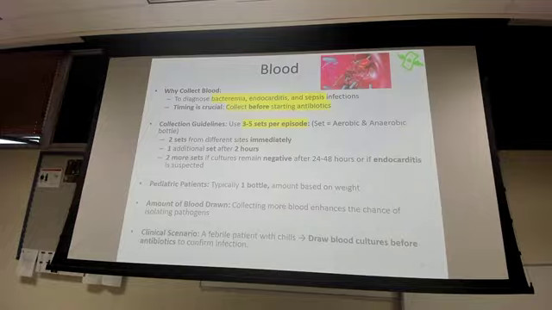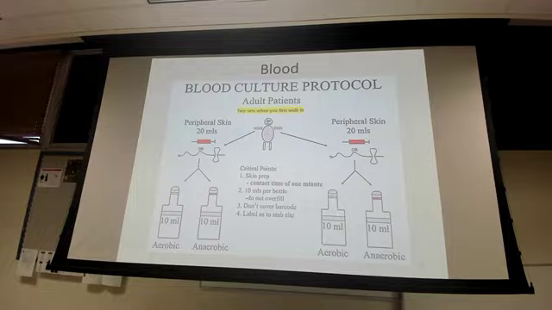You'll see it again. All right, so here's that visual. I tried to explain it, but maybe the visual will be a little better. All right, so blood culture protocol in adult patients. You suspect that your patient has endocarditis. You're going to take 2 cultures on the left, 2 cultures on the right: aerobic, anaerobic, aerobic, anaerobic, okay? 20 mLs.